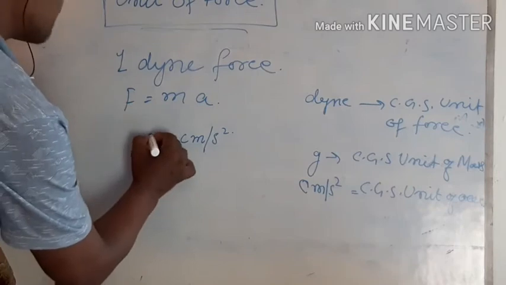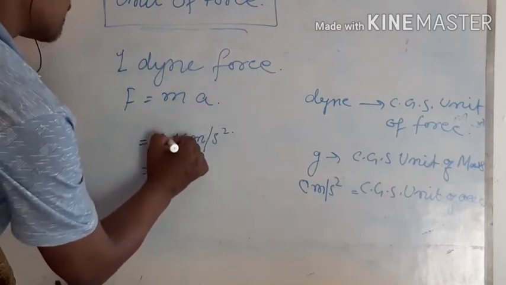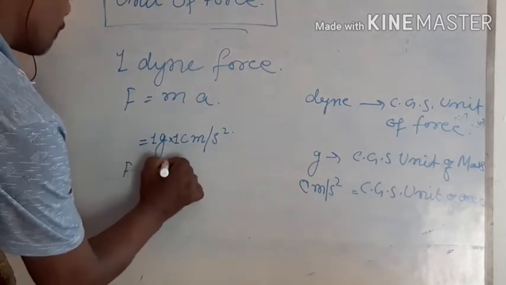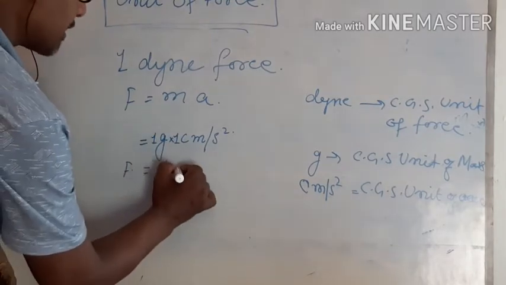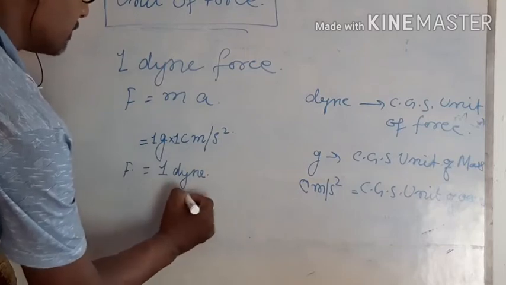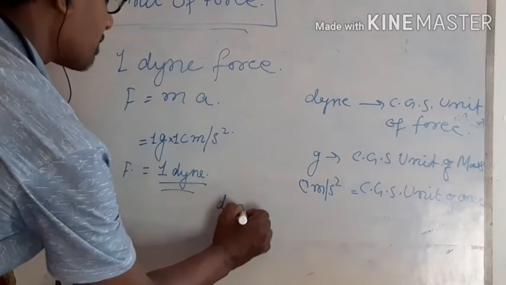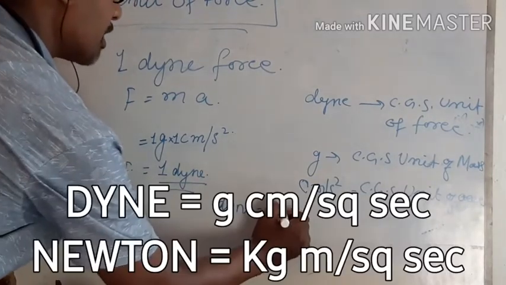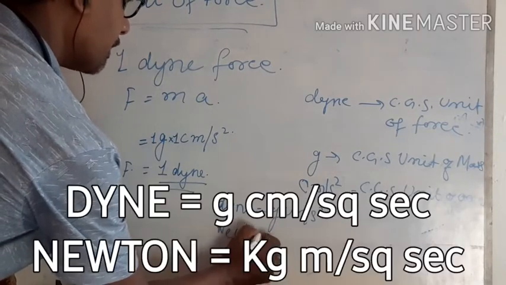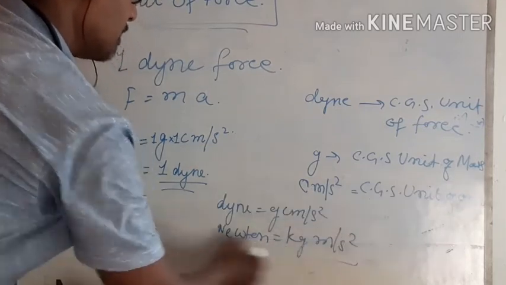So how many grams? That is 1 gram. And how many centimeter per second square? That is 1 centimeter per second square. So F is 1 into 1 is 1, and that is dyne. डाइन से हम क्या समझते हैं, डाइन को हम ग्राम सेंटीमीटर पर सेकेंड स्क्वायर भी लिखते हैं, और न्यूटन को केजी मीटर पर सेकेंड स्क्वायर भी लिखते हैं.